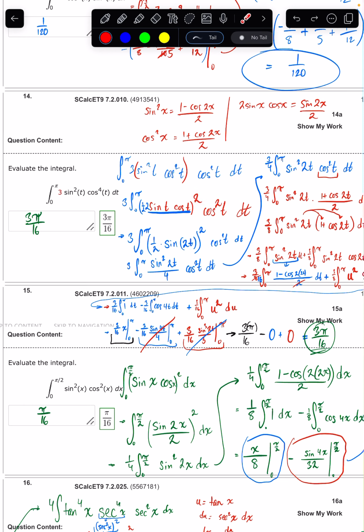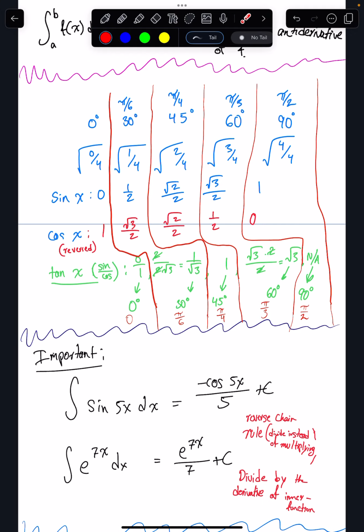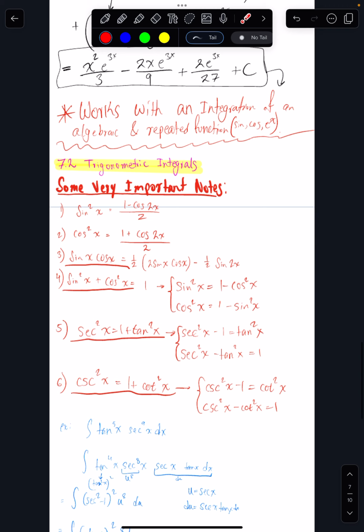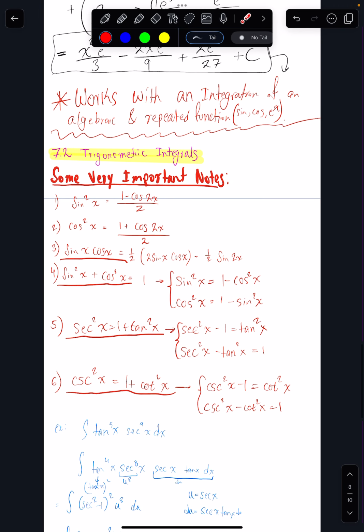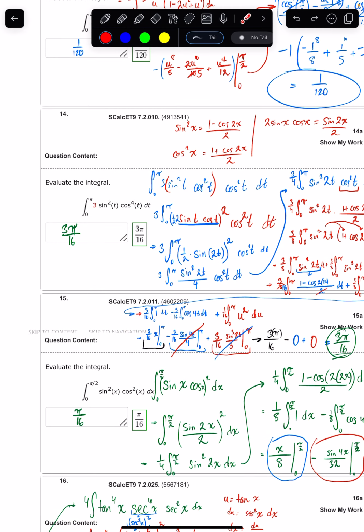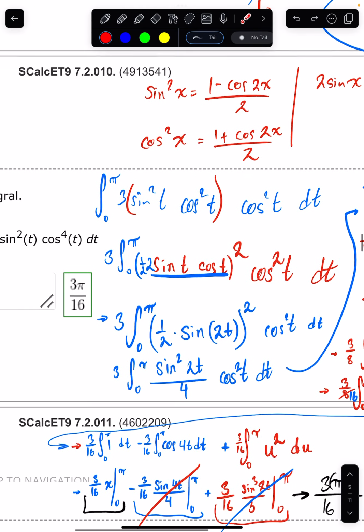And one of our other trig identities, right? Sine x times cosine x is 1/2 of sine 2x. And that's exactly what we did here. We took out the square, right?